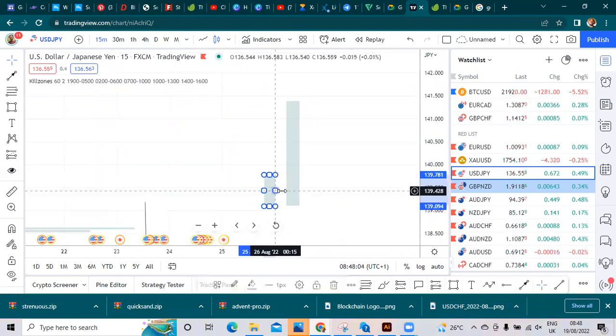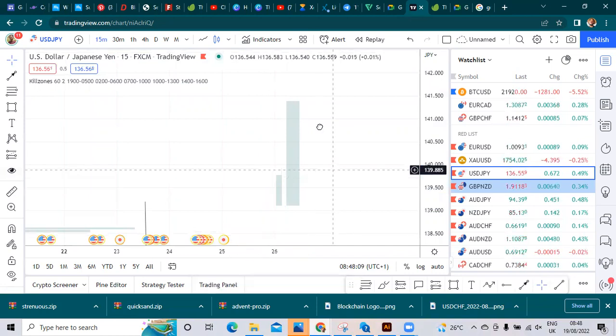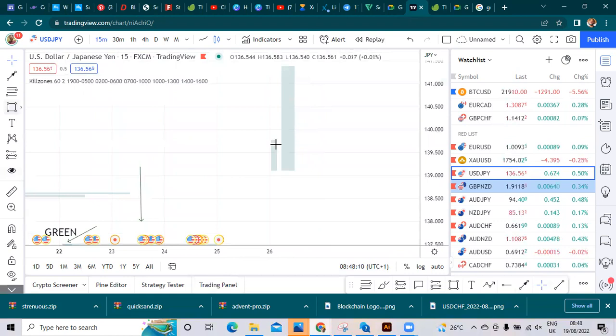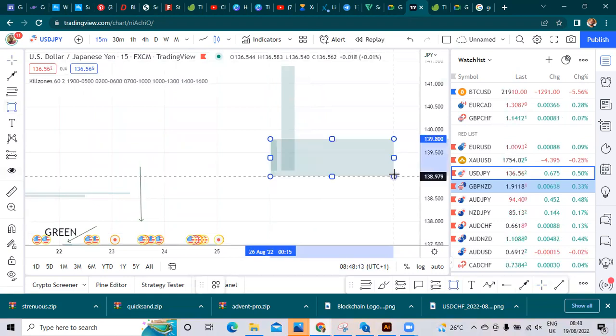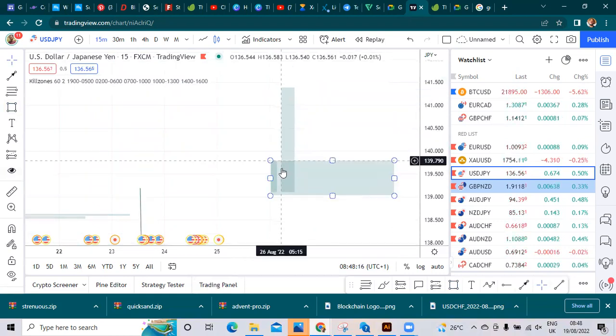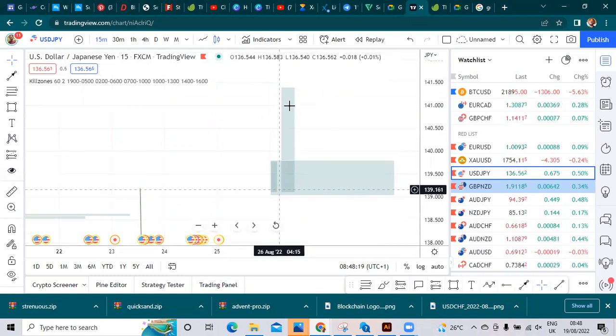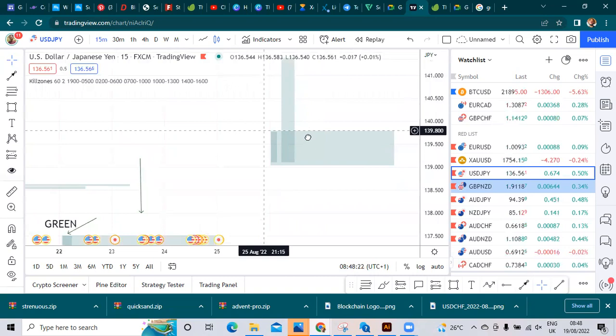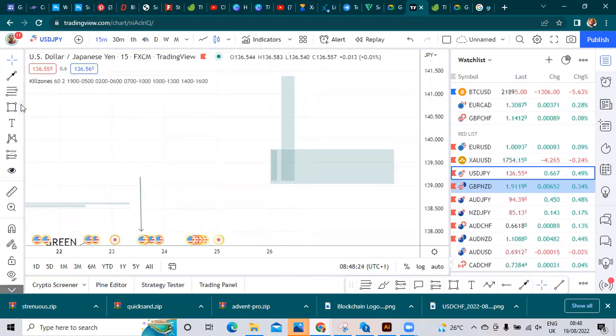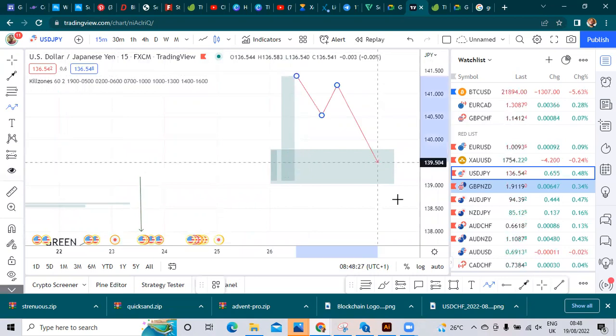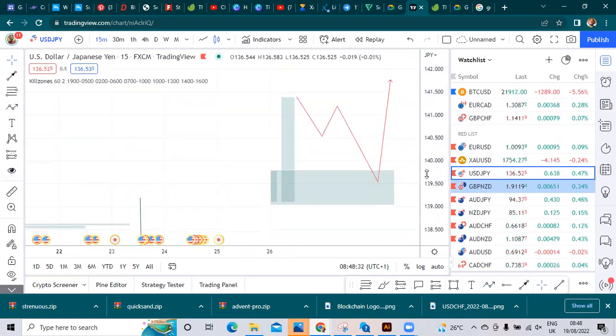We know that the last candle before that exact move is known as an order block, which is a buy side order block. Why? Because it was the candle that formed before a bull run. So it's called a buy side order block and also called a demand zone. Once price trades back into it, we look for buys here to take things higher. That is how it works.